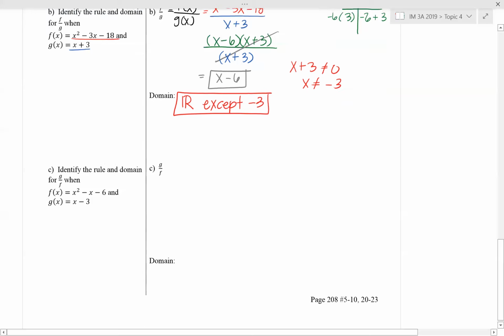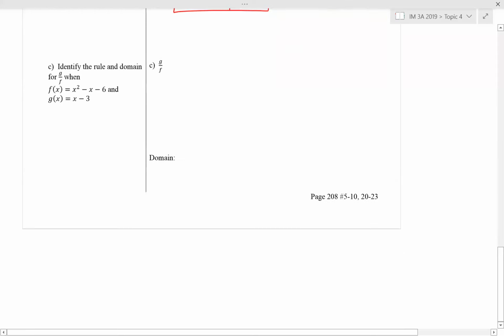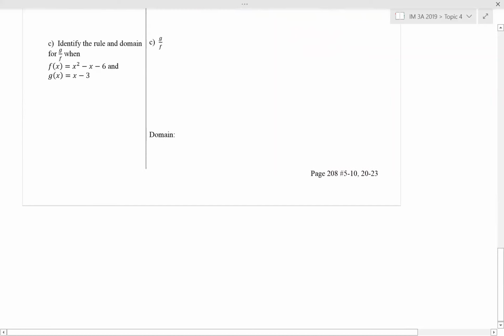For our last problem, we've got g over f. We're doing the exact same thing again, simplifying and finding the rule.